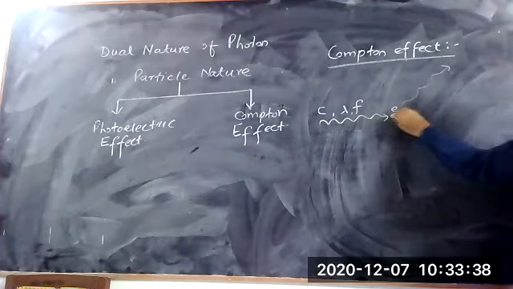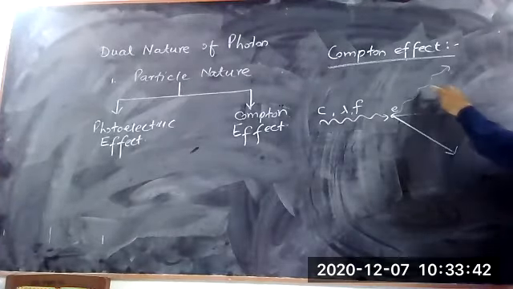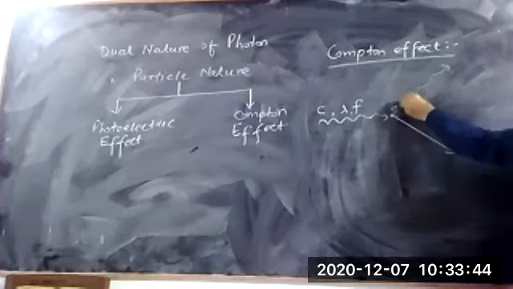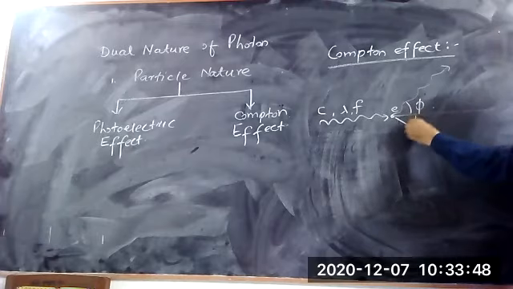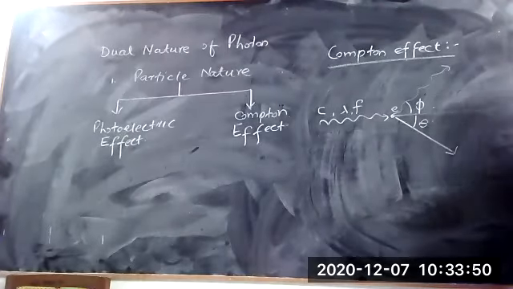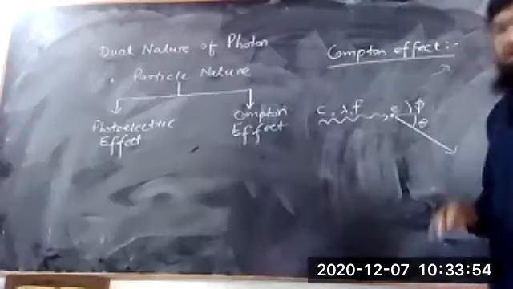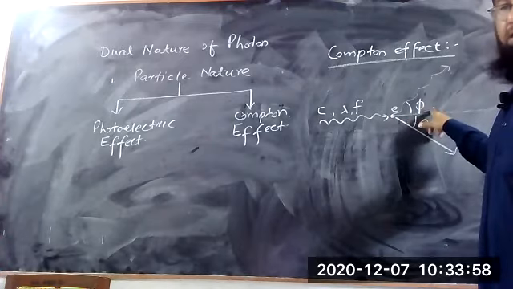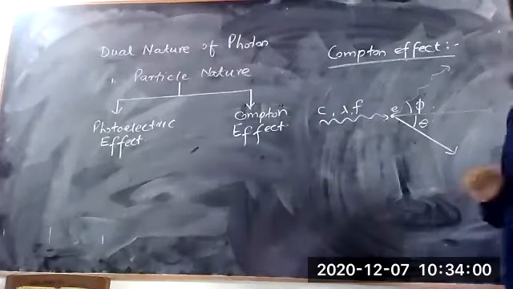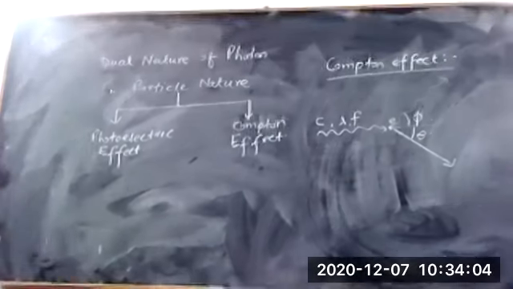This is the original path of the photon. We may say that the photon is scattered at an angle phi and the electron is scattered at an angle theta. Now we have to look at how much energy this photon transfers to the electron when the electron is scattered at a certain angle.